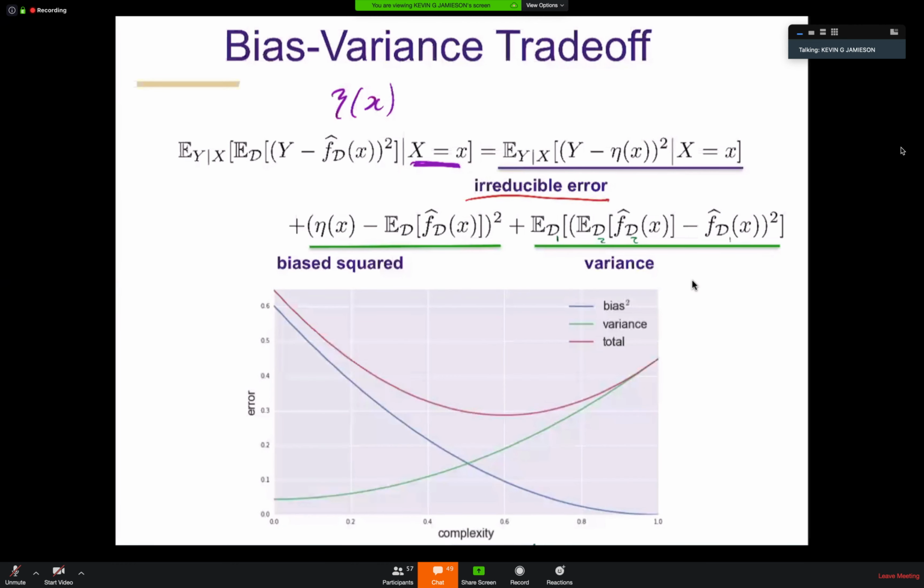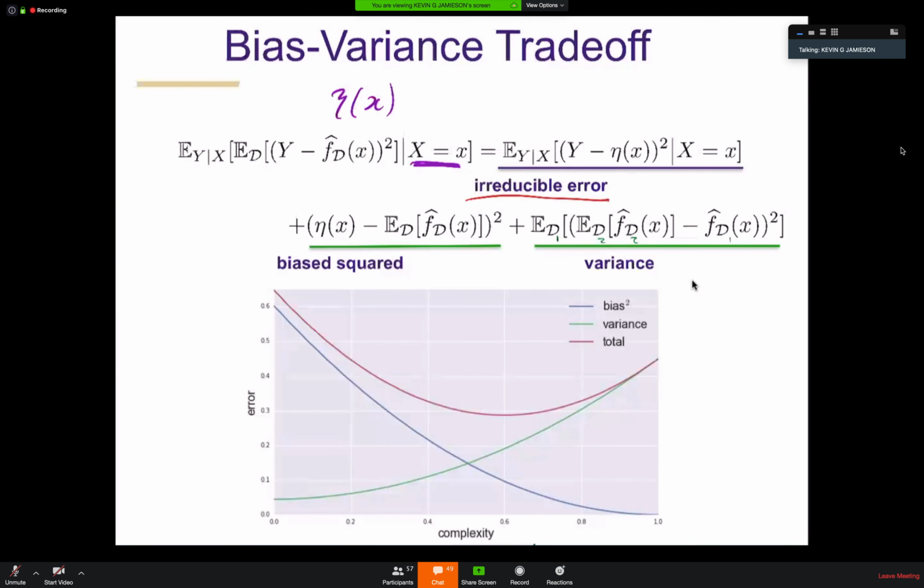Yeah, good question. Just as you said, in real life, we just have a data set. Every single one of these terms, irreducible error, the bias, the variance, requires a new draw of data from our data set to compute. These are not computable parameters.